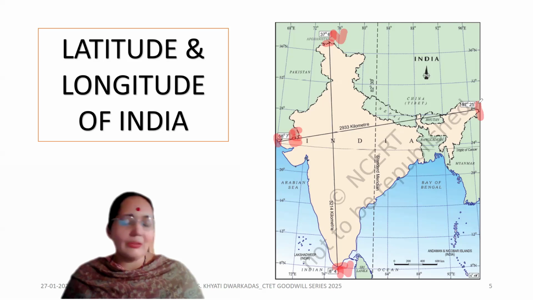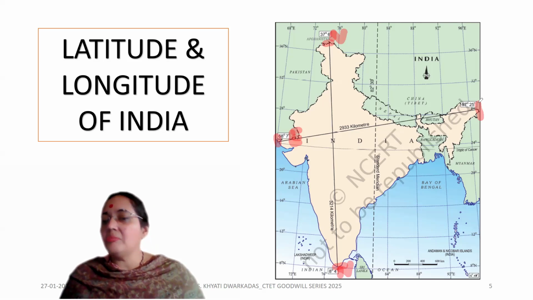Okay. So the easternmost longitude of India that you can see right here is 97 degrees 25 minutes east longitude. So we have the westernmost longitude as well as the easternmost longitude.